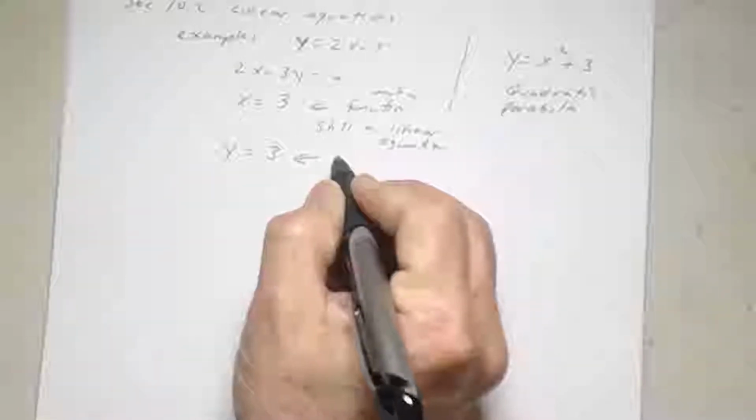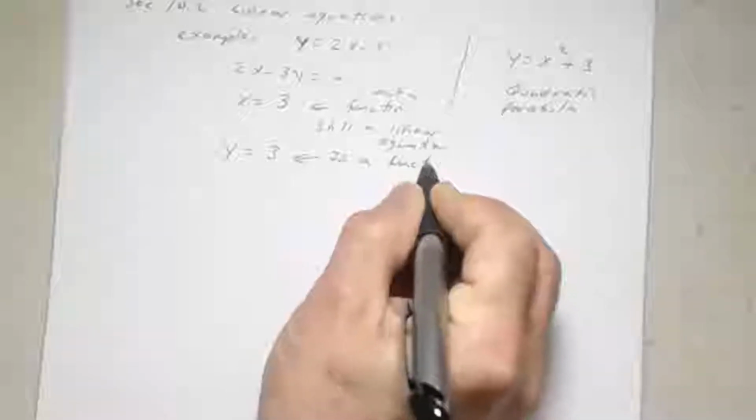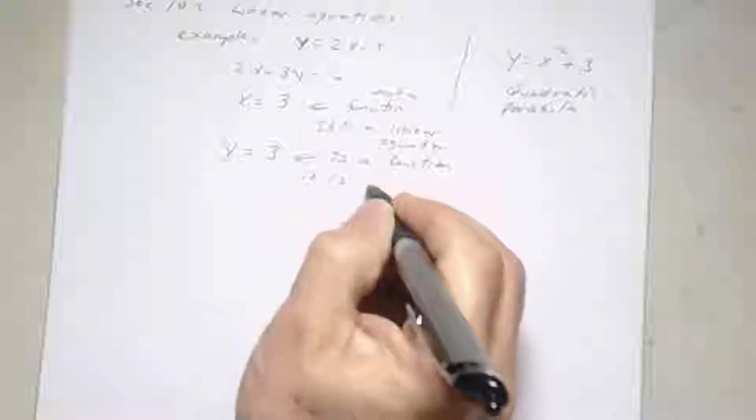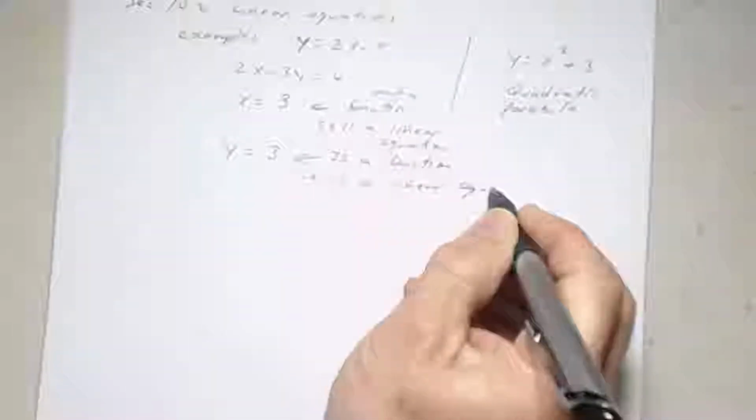But for right now, know that this is a function. You have no idea what makes a graph a function or not. You can see that in the next class period. It is a function and it is linear. It is a linear equation. I'm using the word equation because what do you see in this expression? An equal sign.